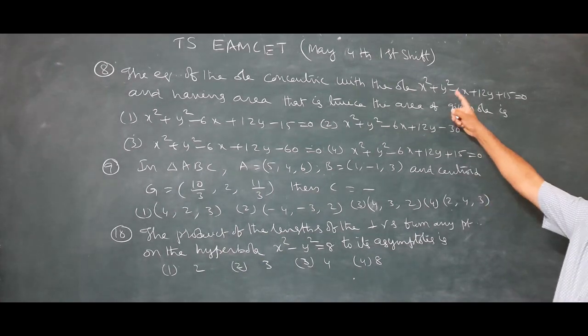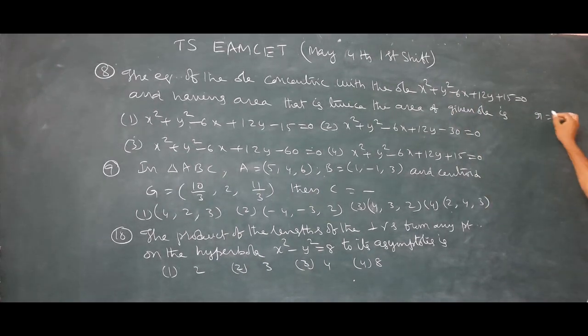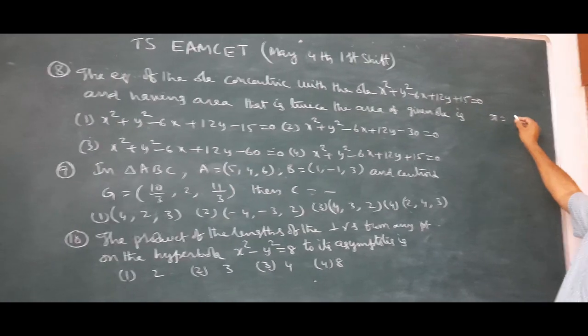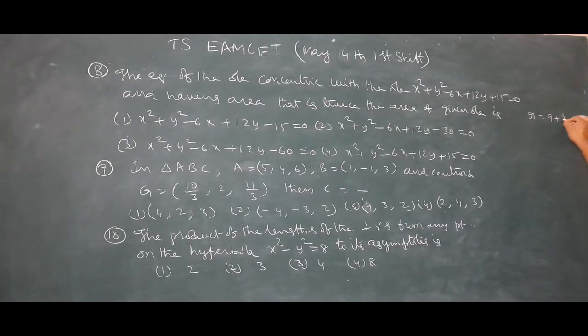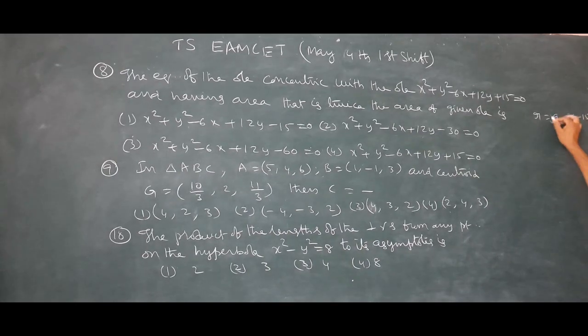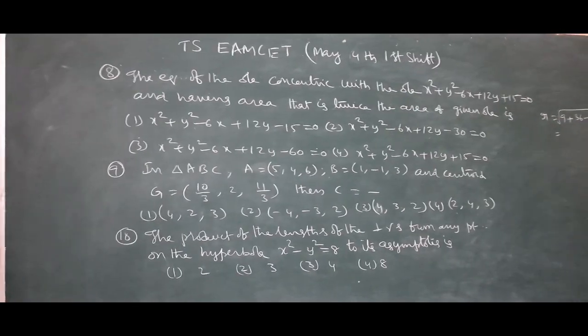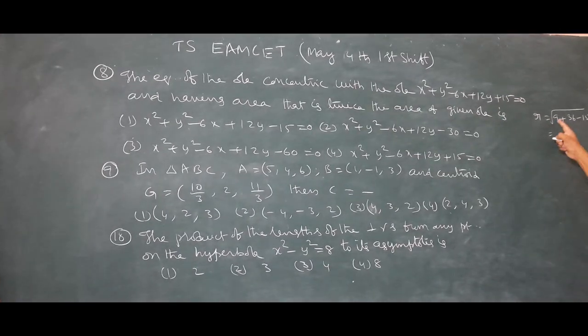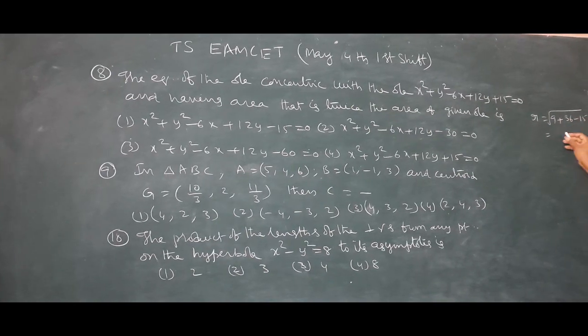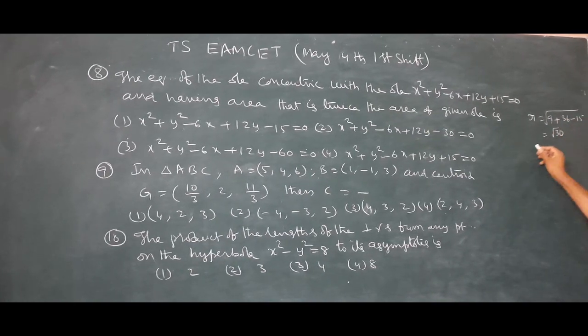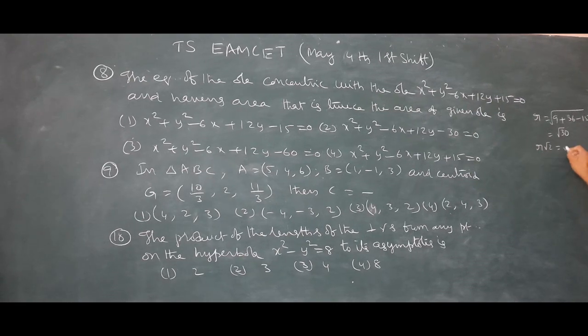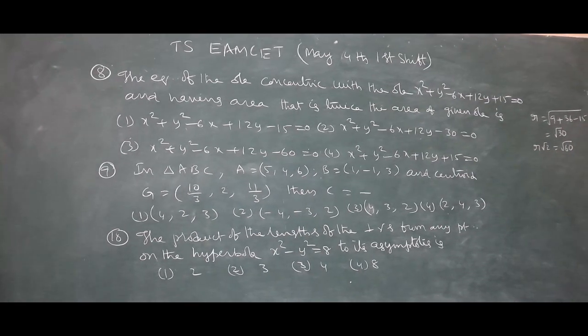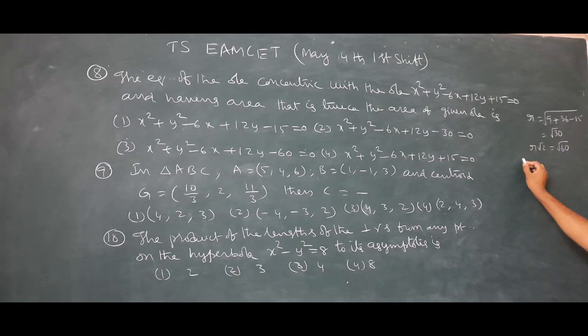R is the radius of this circle. Radius is root of 9 plus 36 minus 15, that equals root of 30. R root 2 equal to root 60. So the required circle has constant k.